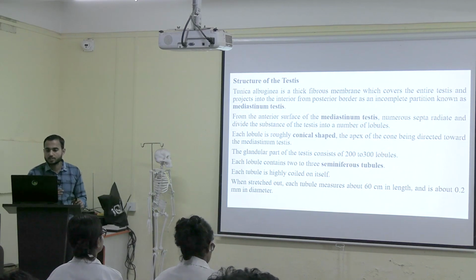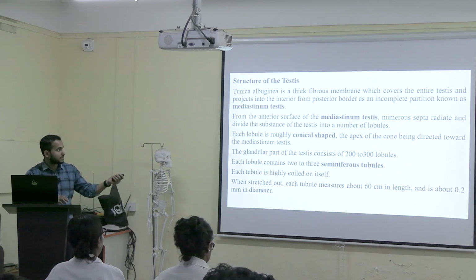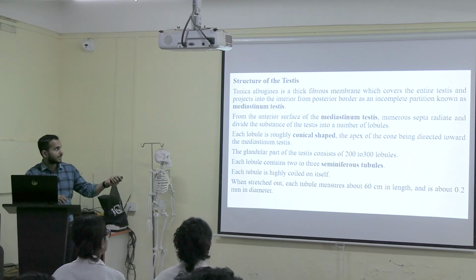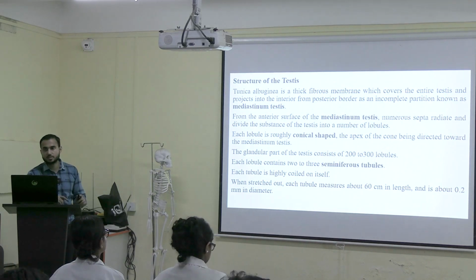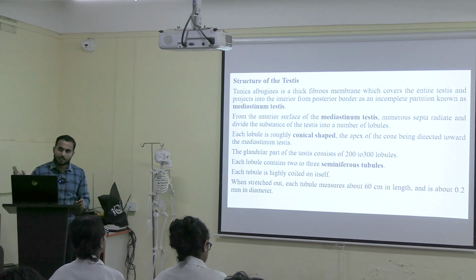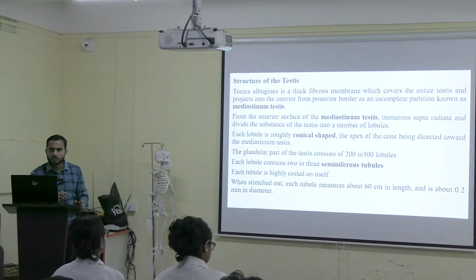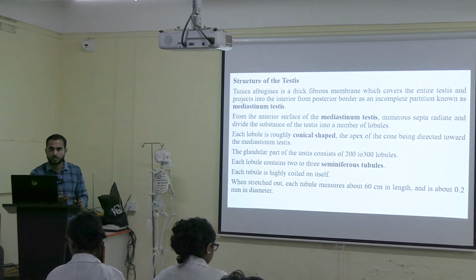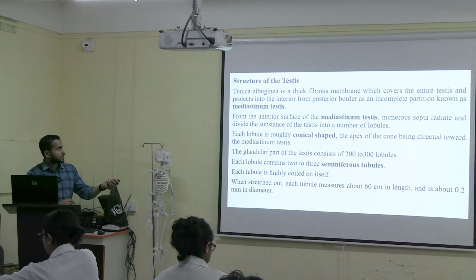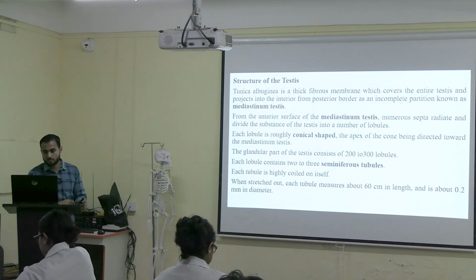So among them, if you see the tunica albuginea, which is a thick fibrous membrane, first of all will cover the entire testis, and project into the interior from the posterior border as an incomplete partition, and that is called as mediastinum testis. So tunica albuginea projects into the interior of the testis from the posterior aspect to form an incomplete partition, that is called as mediastinum testis.